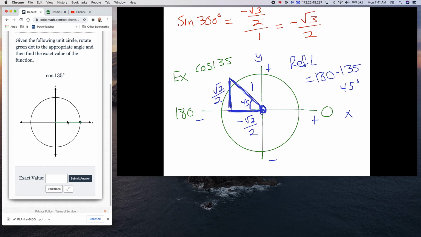So if we wanted to know the cosine of 135 degrees, cosine of 135 degrees is the adjacent side, which is negative root 2 over 2, divided by 1.